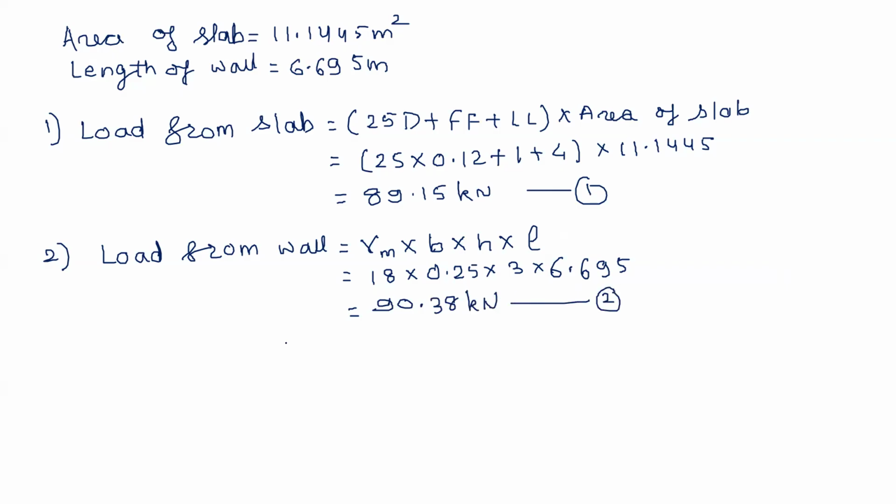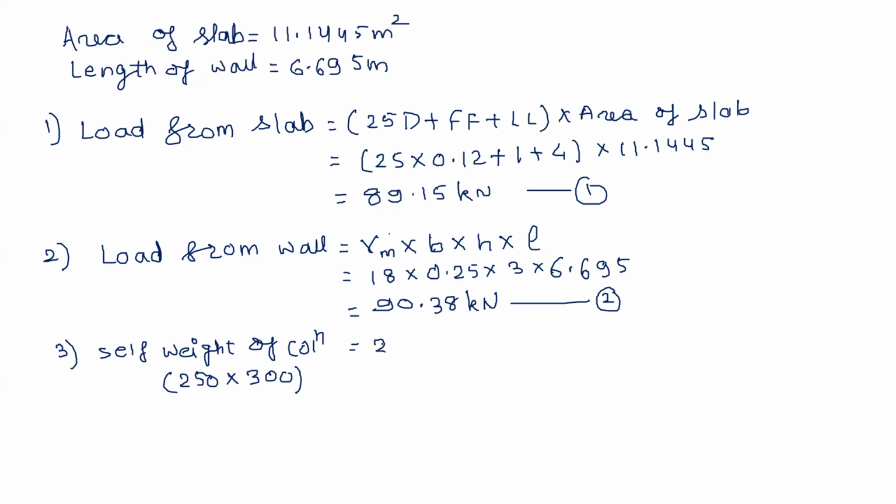Then we have self weight of column. Sometimes this is given, but if the wall load area is around 10 to 15, then you can go with this size. Width of the column is generally equal to width of the wall, and I will take it as 300, or you can go 350 millimeters.